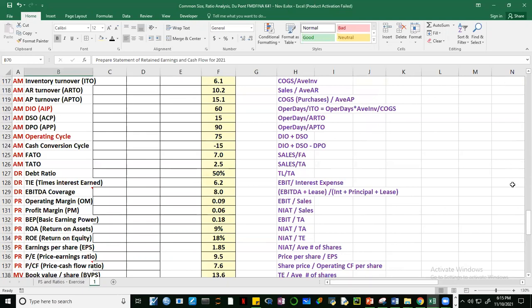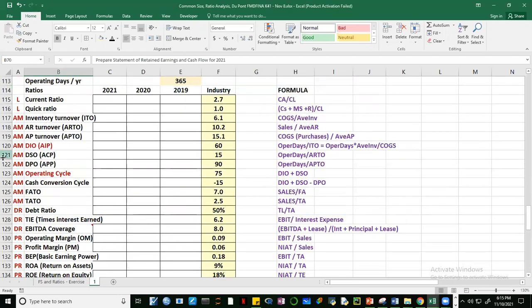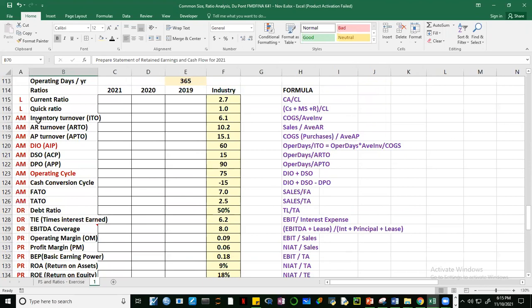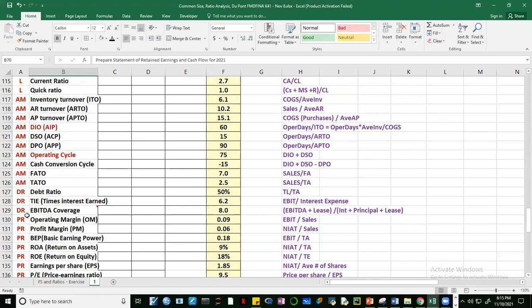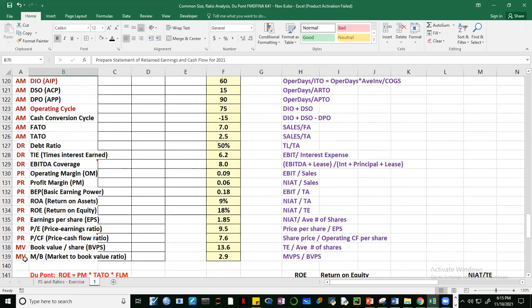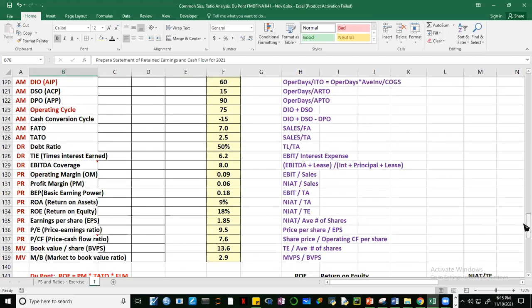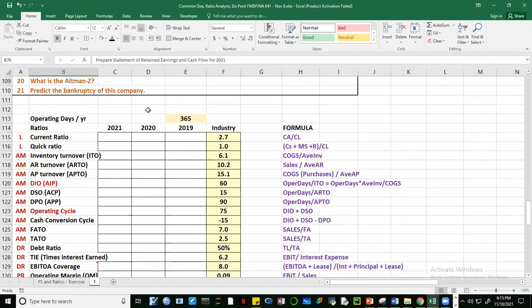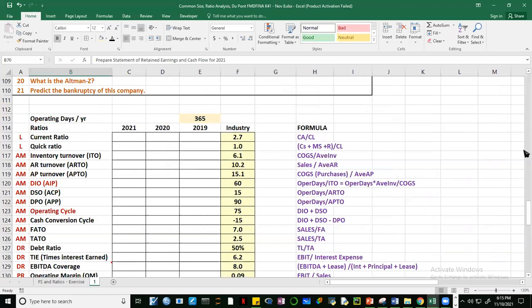Here, guys. L stands for liquidity, AM stands for asset management, which is also efficiency ratios. DR is debt ratio, PR is profitability ratio, and MV are market value ratios. There are other types of ratios, but these are the most important and most common ones. So the 5 types start with liquidity.